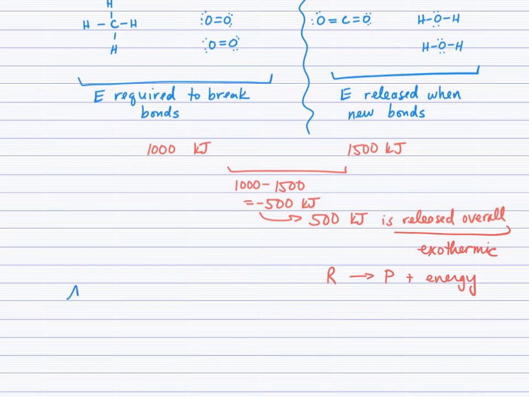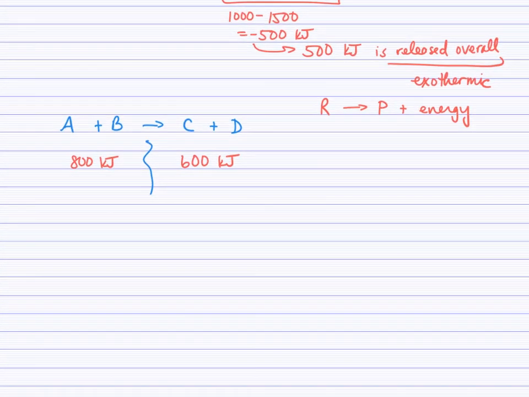So in another example, if you had 2 reactants and 2 products here, and let's say that in this example, 800 kilojoules was needed on the left side to break bonds, and 600 kilojoules was released on the right side when new bonds were formed, then if we look at the difference here, we're getting a positive difference in energy.